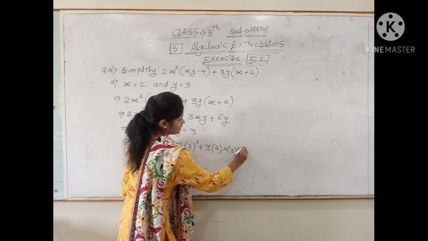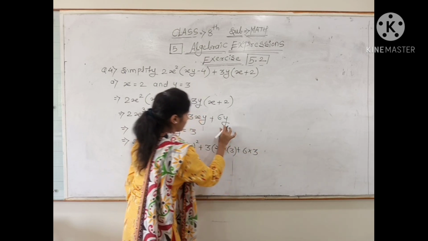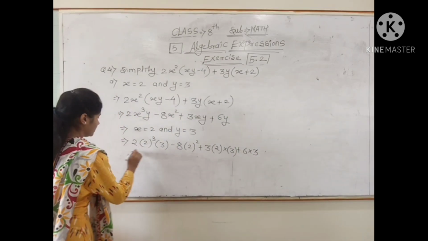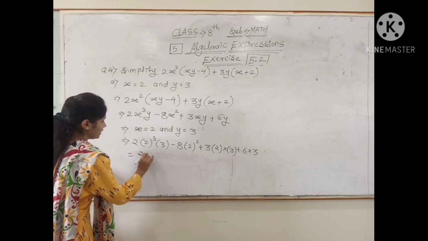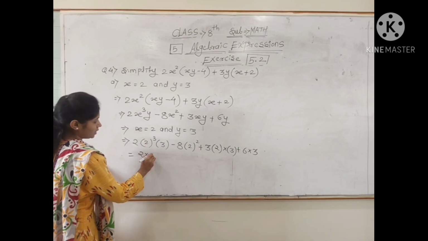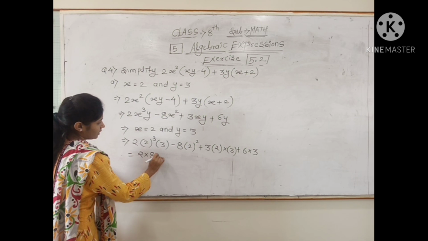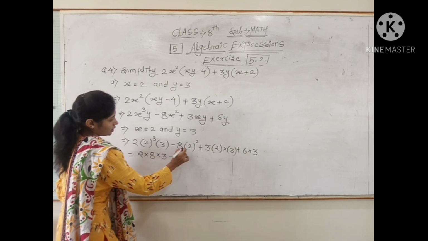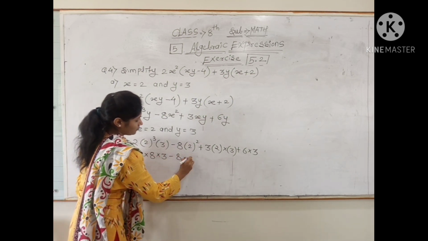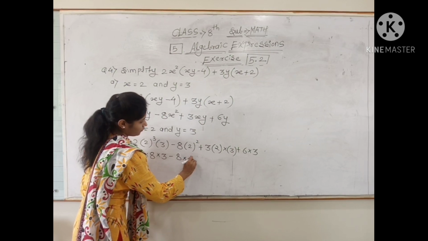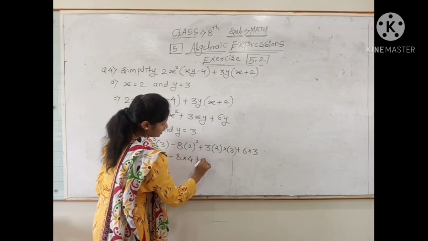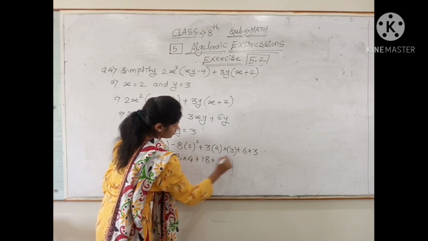Okay, plus 6 multiplied by the value of y, 3. Solve it. Then 2 multiplied by 2 raised to the power 3 is 8 multiplied by 3, minus 8 multiplied by 2 square, which is 4, plus 3 times 6 is 18, plus 6 times 3 is also 18.